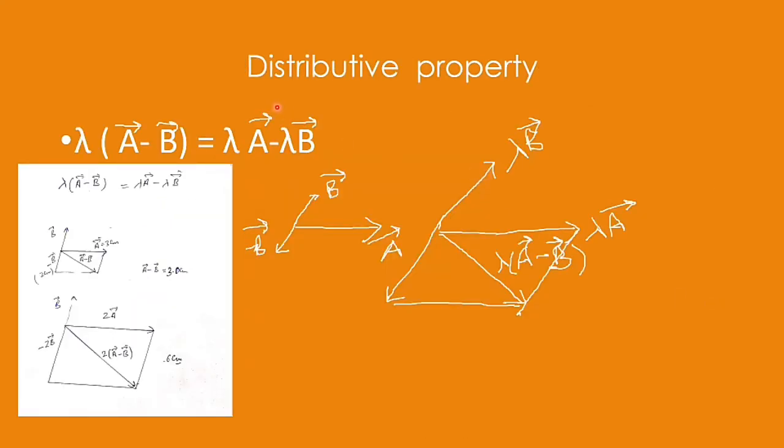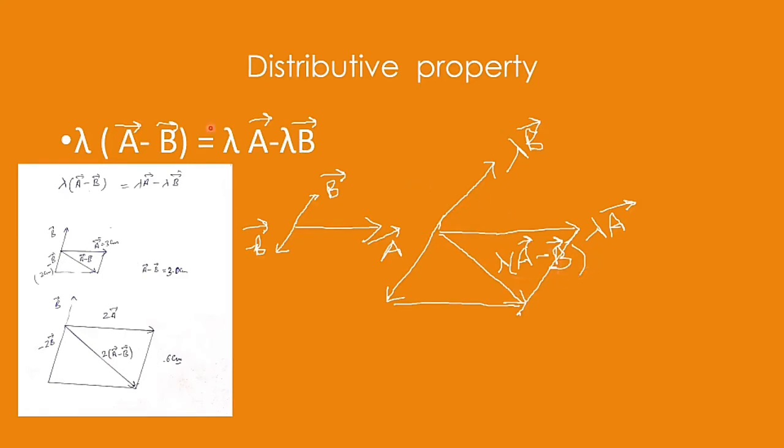Distributive property, if I talk about, then lambda is of course a scalar number, that is lambda of (A minus B) is equal to lambda of A minus lambda of B. That also you can prove with the help of mathematics by drawing the figure. If you take twice of A vector, then you take twice of B vector, meaning minus twice of B vector, then you will find the resultant will come out as twice of (A minus B) vector.